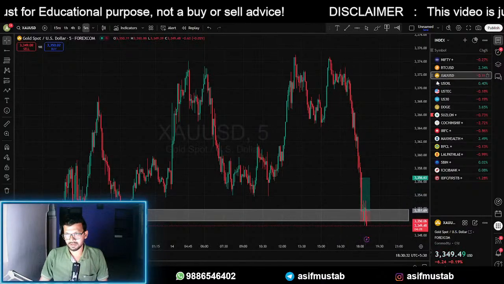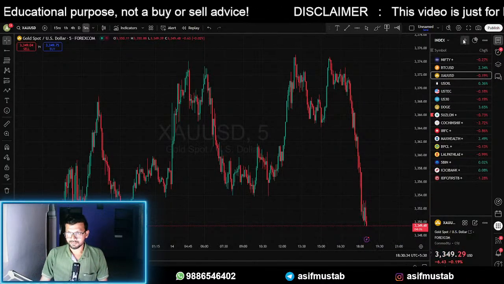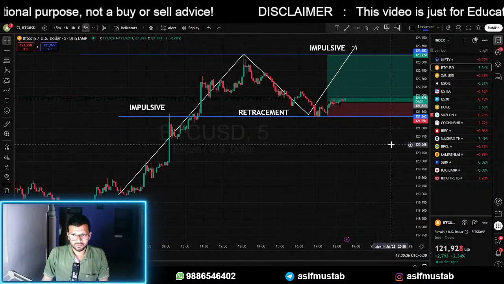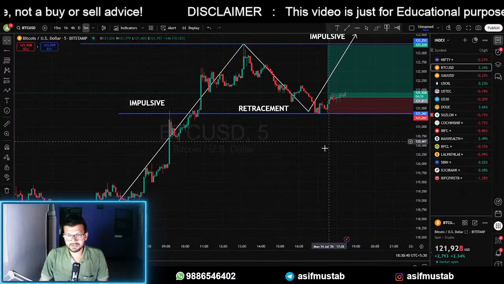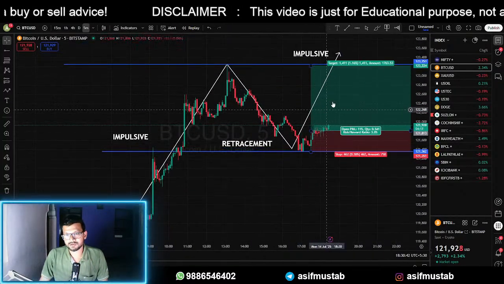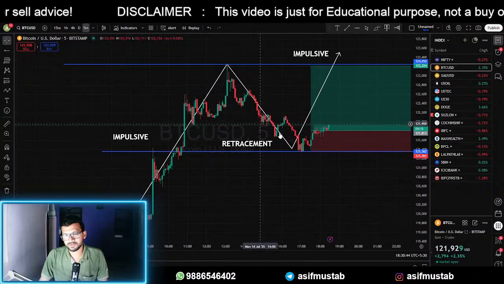The gold is falling, which means BTC will move upside. This BTC has to move upside with fast momentum because the gold is falling.